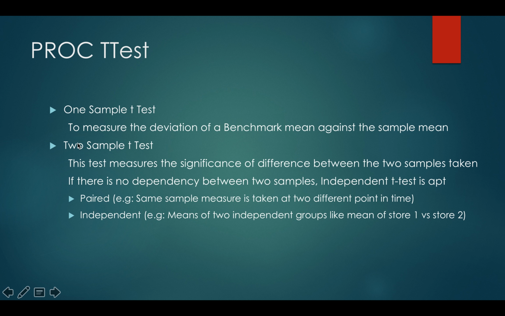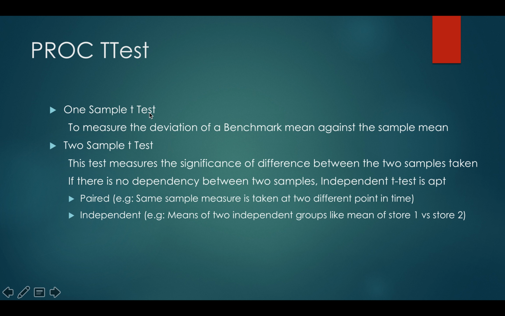If the two means that we are considering are independent of each other, then we go with the independent two sample t-test. But if there is a dependency on another factor, like the sample of observations we received at one point of time is a little different from another point of time, so there is a time dependency, then usually we go with the paired sample t-test.